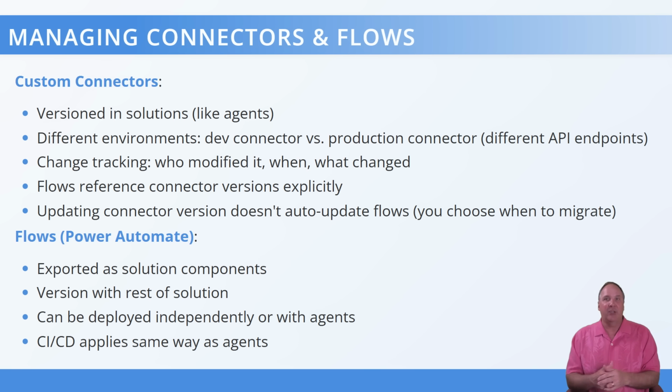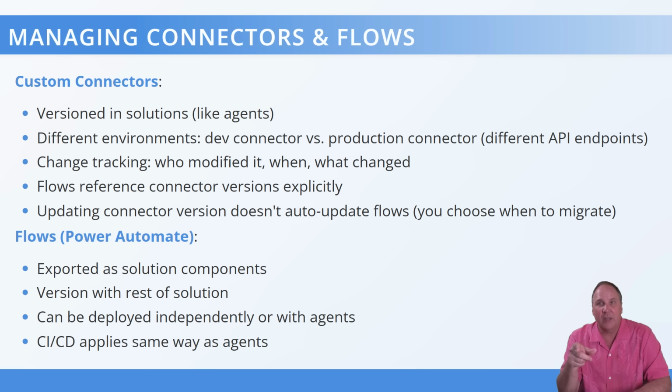Now let's talk about managing connectors and flows. Custom connectors are part of your agentic system. They connect your agent to external APIs. In Power Platform, connectors are versioned. When you change a connector, like a new endpoint or a new authentication, you create a version. Flows that use those connectors reference specific versions.